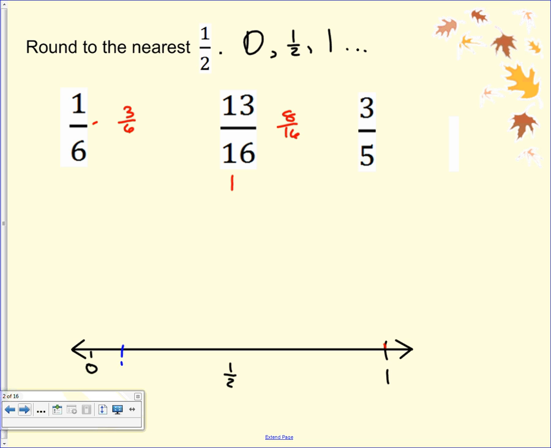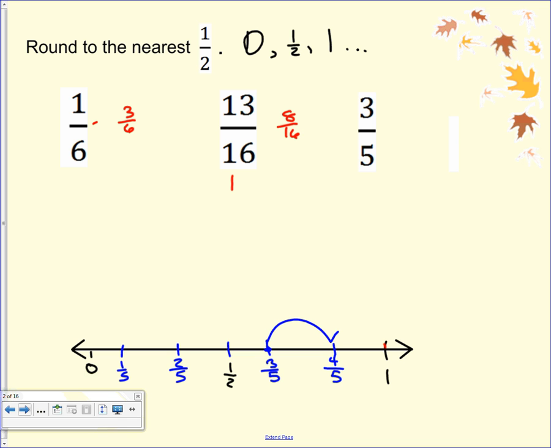So we've got 1/5, 2/5. Here's our half right here. 3/5, 4/5. So we're looking at 3/5. 3/5 is right there.